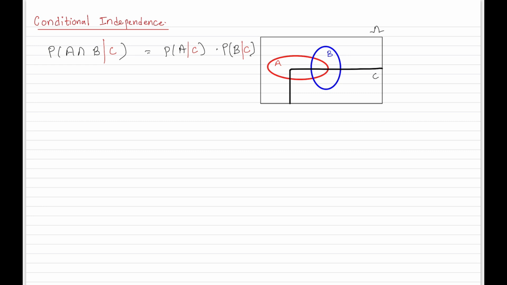Now there is a very important question in the mind: if I say that events A and B are independent, can we say that events A and B, under the condition that C has occurred, will also be independent?